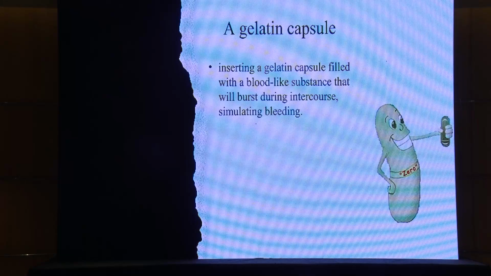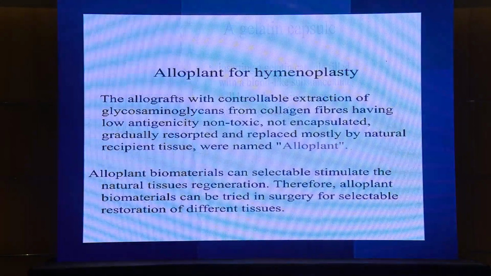They say the Chinese have a solution for everything. So they came up with gelatin capsules. You put it inside, you put a stitch, and even if she doesn't bleed, she will have bleeding. So, alloplants for hymenoplasty, which is a recent invention of the Chinese. These are all glycosaminoglycans, collagen fibers.